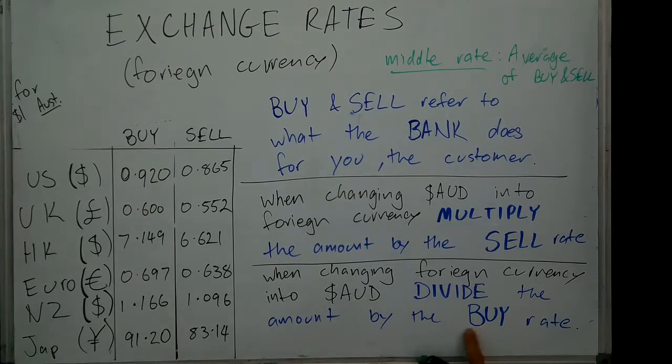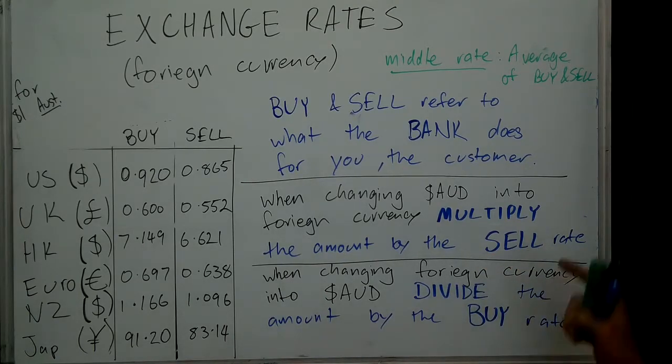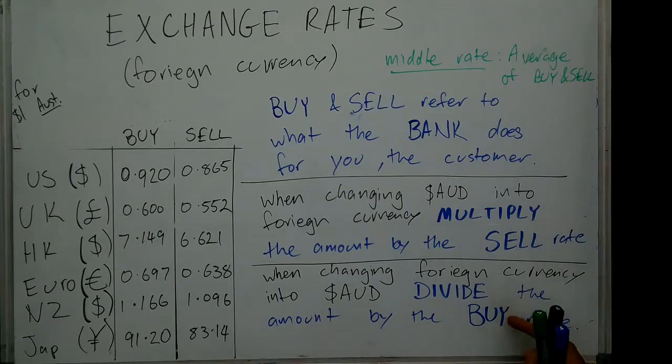So the bank buys your foreign currency back off you. The bank sells you foreign currency. The sell goes with multiply, buy goes with divide.